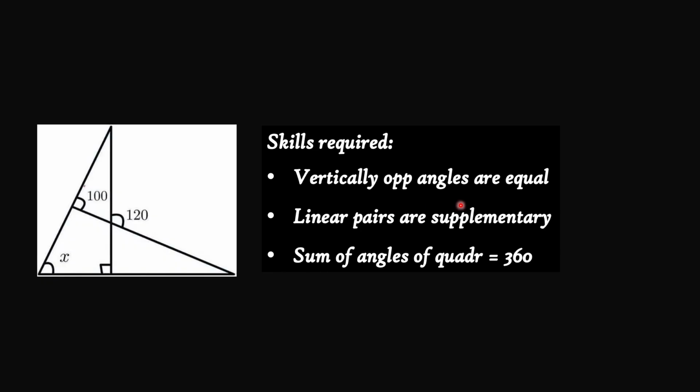And third: in a quadrilateral, the sum of the four angles is 360 degrees. If you know these three things, you don't need anything else. Only using these three concepts, you can find the angle x. It's very easy.